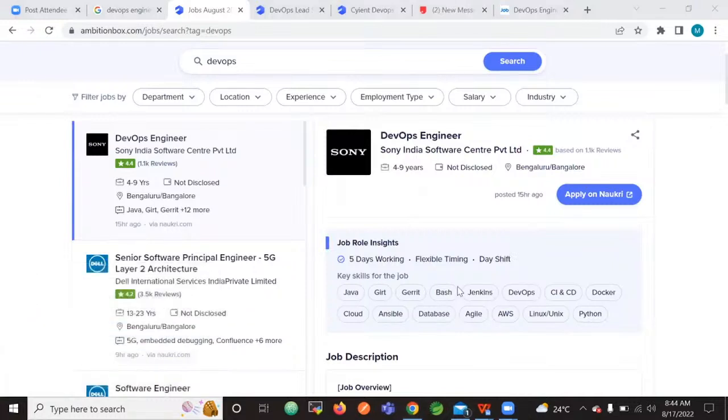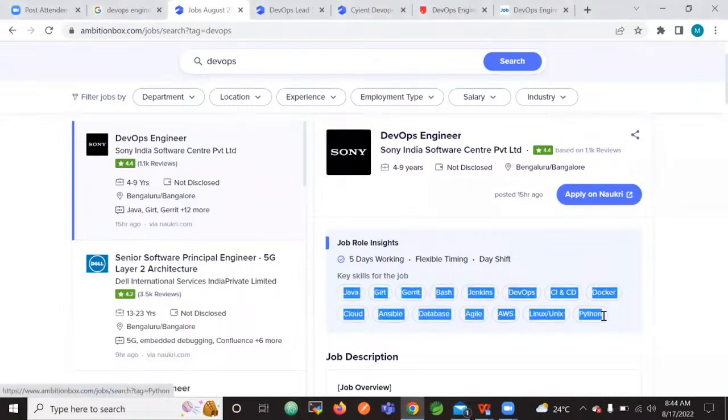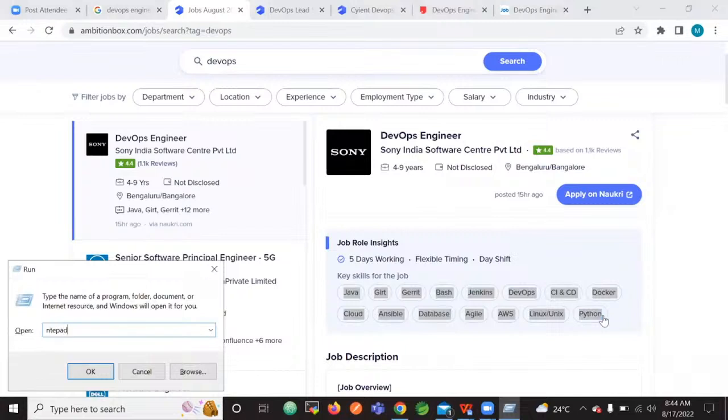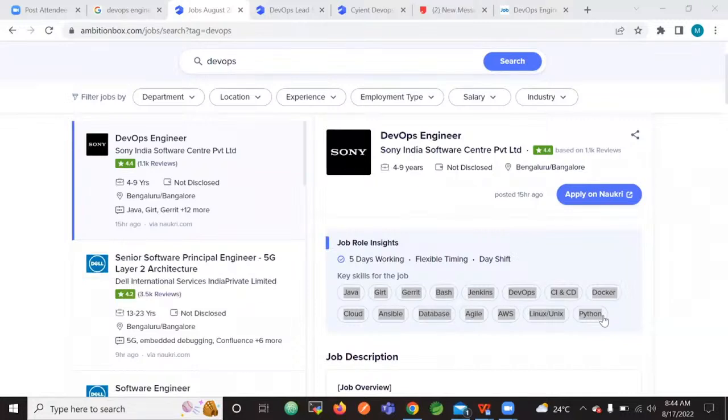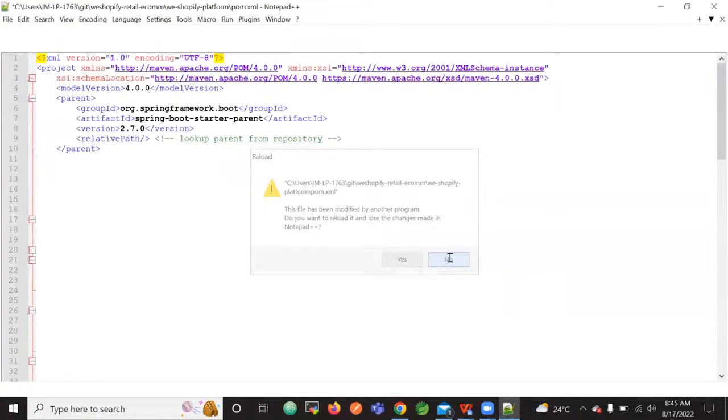Let me copy all this skill set, what they are now expecting, and let us look at more jobs and filter out which tools they are most frequently expecting. What are the most common tools they are expecting in the market? Let us see.